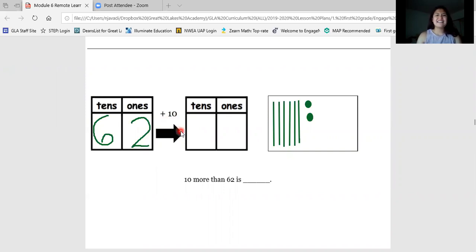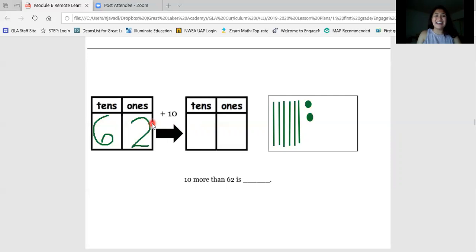If we're adding 10, do you think I should grab 62 and count 10 more? Or should I be a super sneaky first grade scholar and add 1 ten to the tens column? That's right. I'm going to add 1 ten to the tens column.